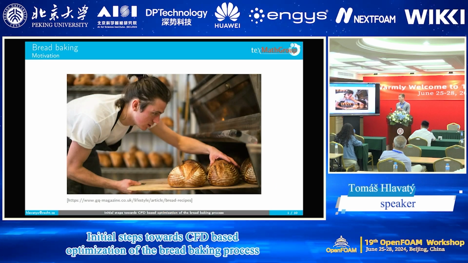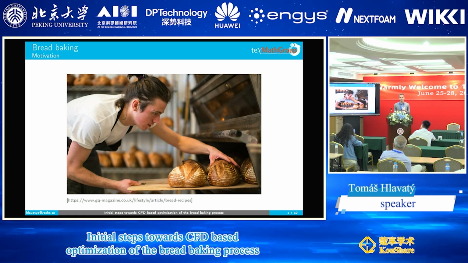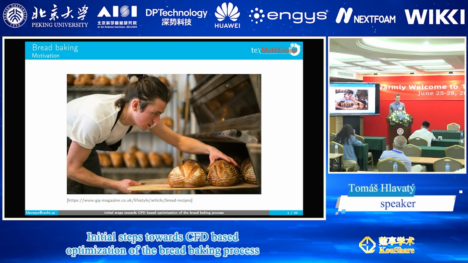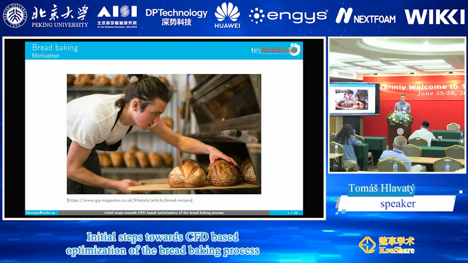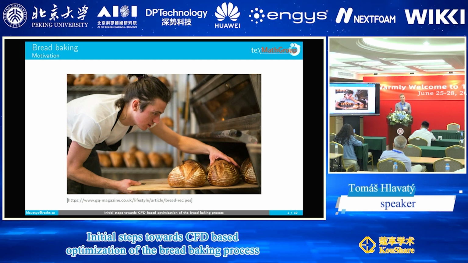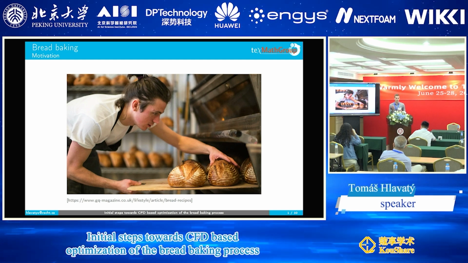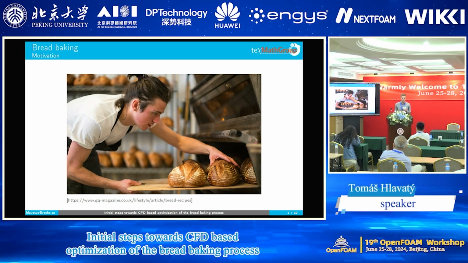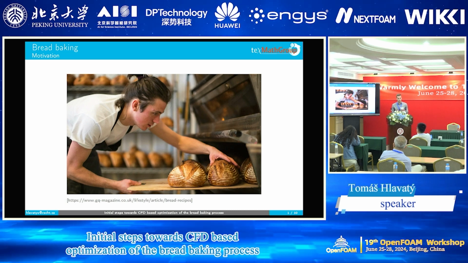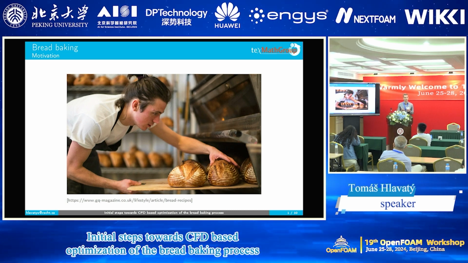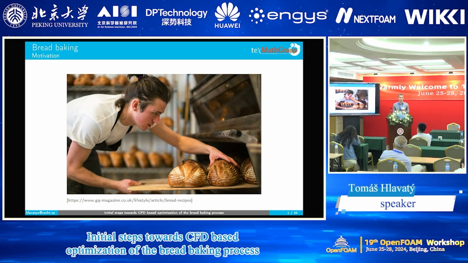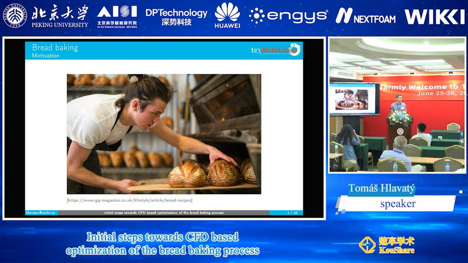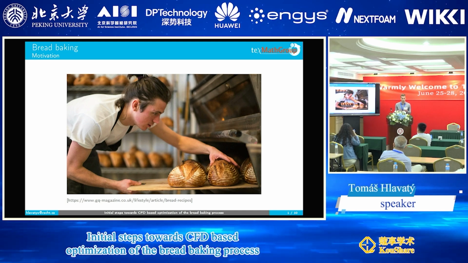As you know, bread baking is really old. In fact, it's known for thousands of years. However, still today, our knowledge about this very difficult and complex process is very limited because of the difficult and complex physical and chemical interactions, like internal and external heat transfer interactions with complicated chemical reactions.